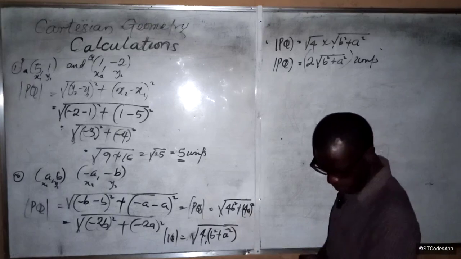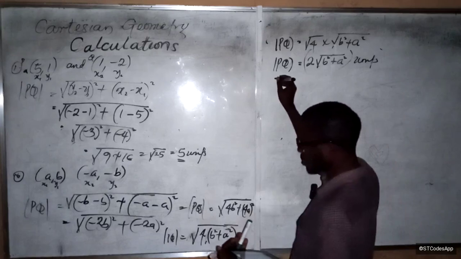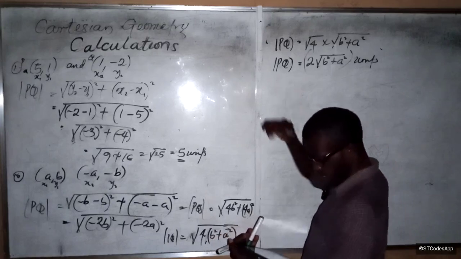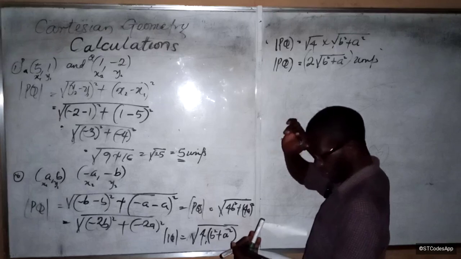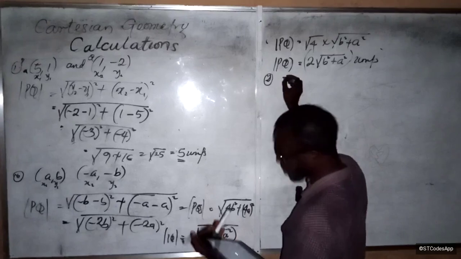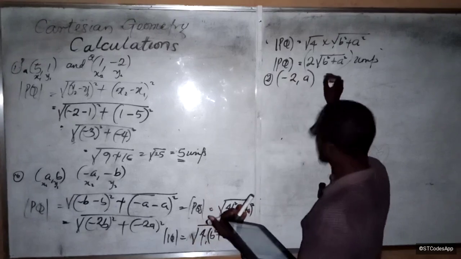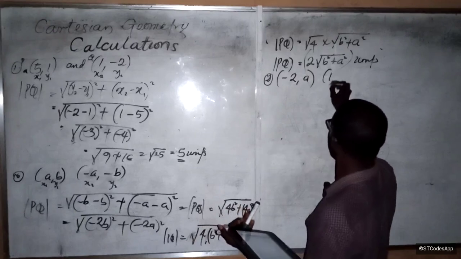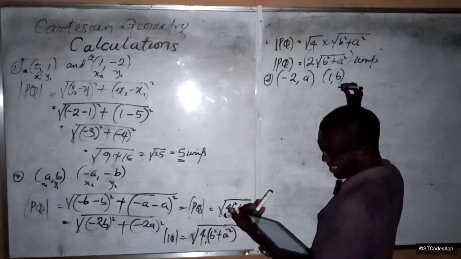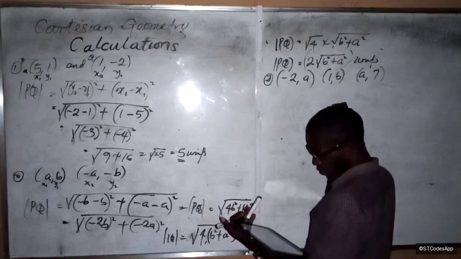Okay, then the next question says we should find the distance between, okay, no, this is not distance. Number 2 says the points minus 2 comma a, 1 comma b, and a comma 7 are collinear.